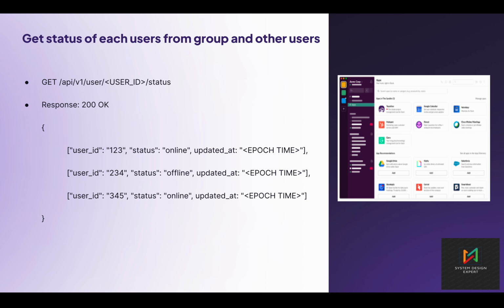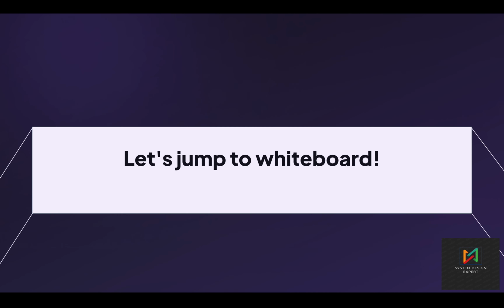Obviously we're going to use epoch time in order to avoid time zone conflicts and all that. Epoch time is used as a gold standard across the industry. So we're going to rely on user ID, status, and updated at. These three fields seem genuinely useful. There can be other metadata as well, like whether the user is part of a channel, but these three things are sufficient to consider how this API is going to look and what its responses would be.